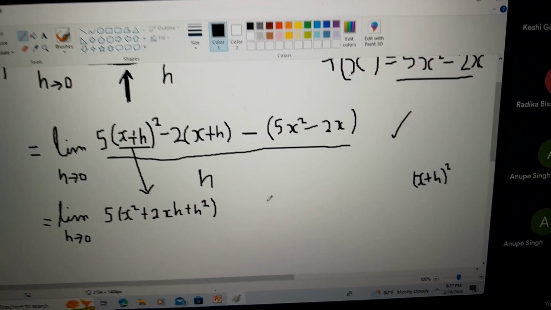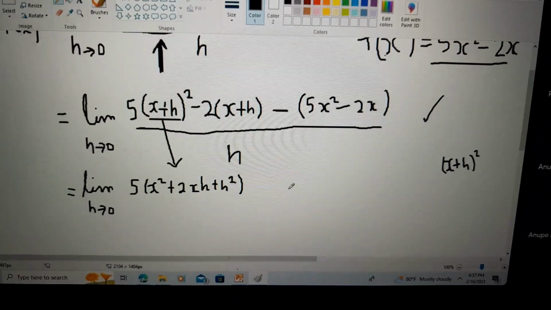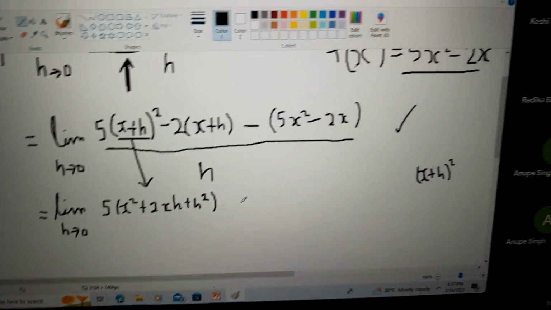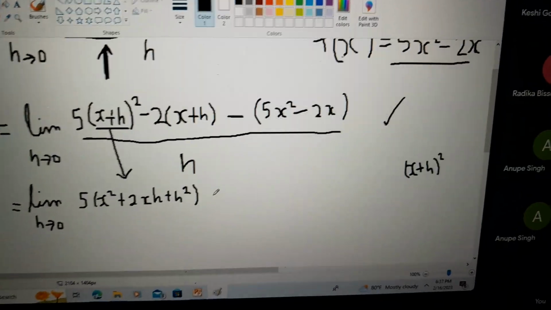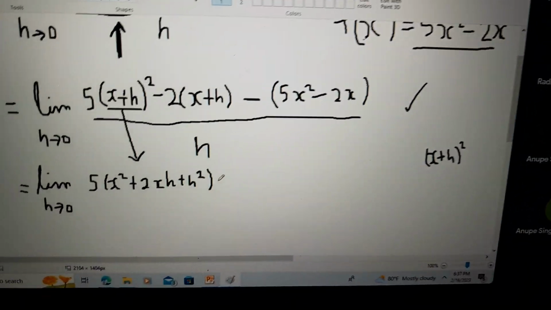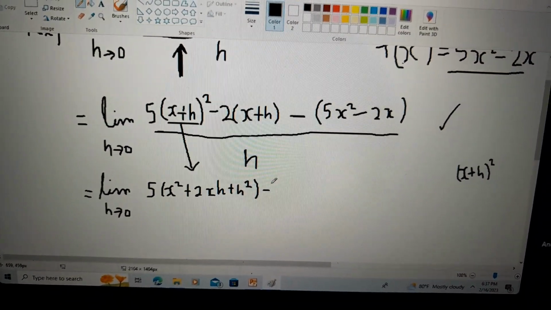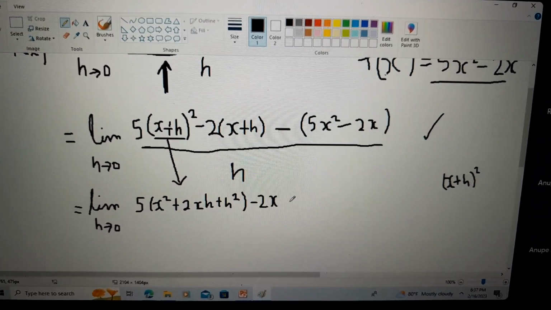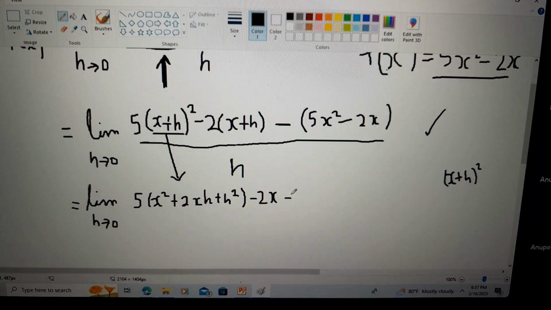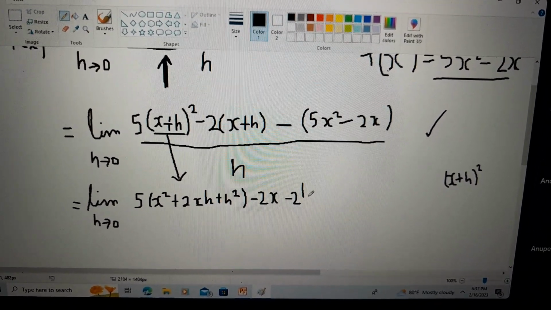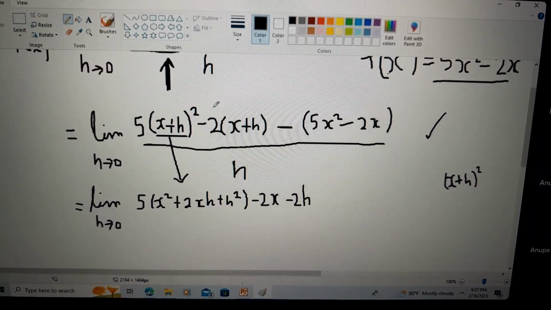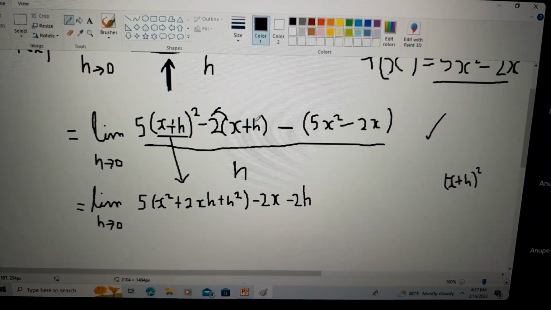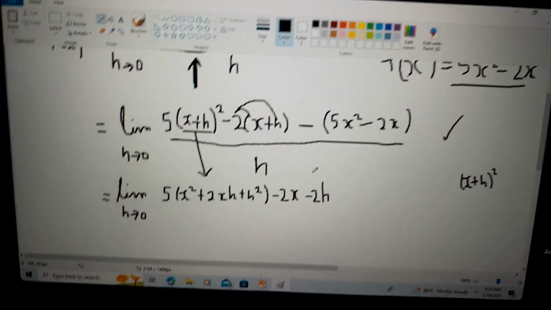Are we good to go? Yes, sir. Minus 2x minus 2h. You have to be careful with your sign. Remember, it's a minus 2 multiplying everything here. Is this clear?